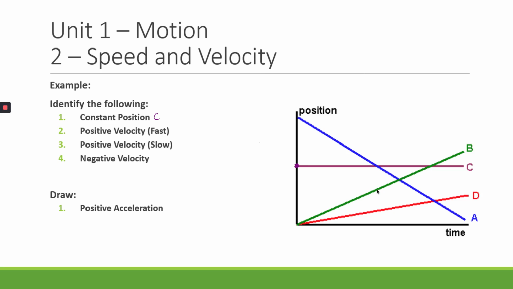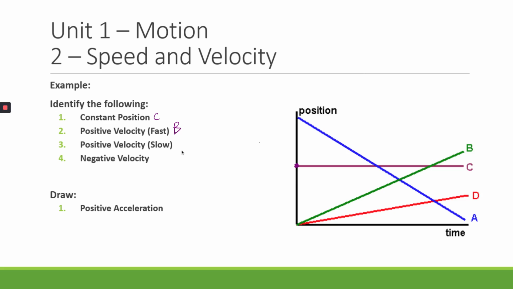Then we have positive velocity fast. So we have two positive slopes, so it's going to be one of those two, because we need a positive slope and we need a steeper slope. Because we want fast, we want a higher slope value. It looks like B went a farther displacement in the same amount of time as D. So B would be my positive velocity fast.